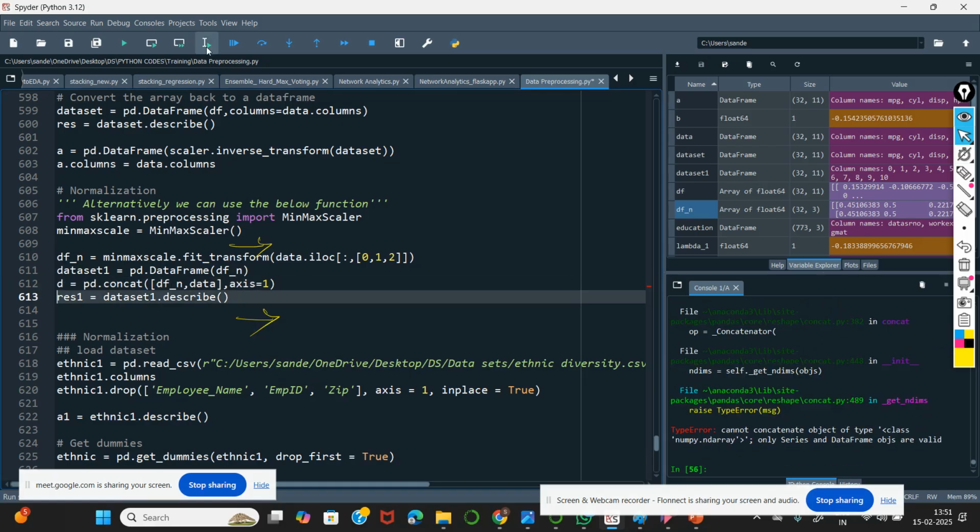Now it's fine. concat axis is equal to 1, pd dot concat.